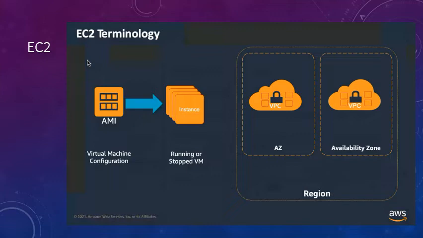And then an instance is created inside what's called an availability zone, or an AZ, as you can see on the right hand side here. An availability zone is really like a data center, but nowadays it's more than one data center, but you can think of it as a data center within a region. So a region might be the Northeast United States, for example, and that would be US-East-1. US-East-1 is a region, and within that it has a number of availability zones.